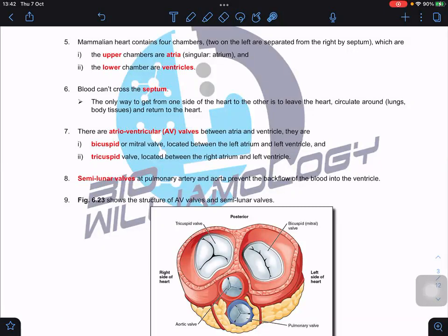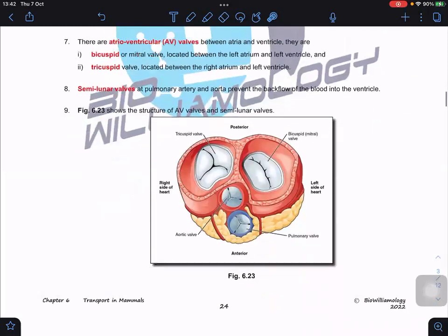Between the atrium and ventricle, we do have a valve. Generally, this valve is known as the AV valve, or atrioventricular valve. Now, posterior means at the back, and anterior means the front. So this is a view from where? The view from the top. Are you clear?